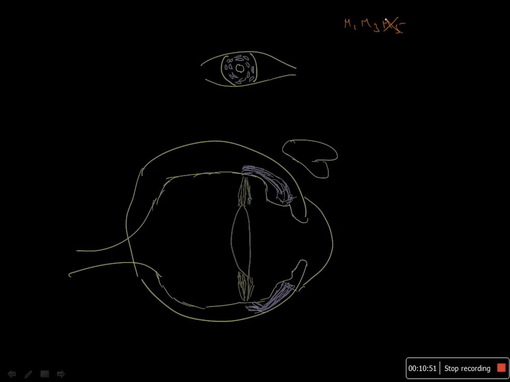Since M5 is found exclusively in the brain and M1 is found in the ganglia only, you are left with M3. So constrictor pupillae has M3 receptor coupled with Gq protein, and again it will constrict, right? So the first thing is that your pupil constricts as soon as you are relaxed.